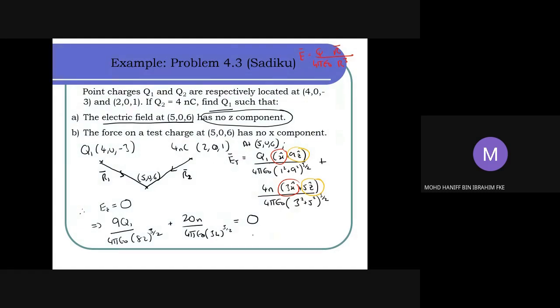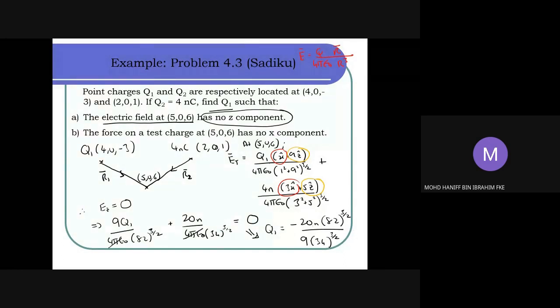From this equation, we can simplify and cancel out the 4 pi epsilon naught straight away, in which finally we have Q1 equals negative 20 nano multiplied by 82 to the power of 3 over 2, divided by 9 multiplied by 34 to the power of 3 over 2.